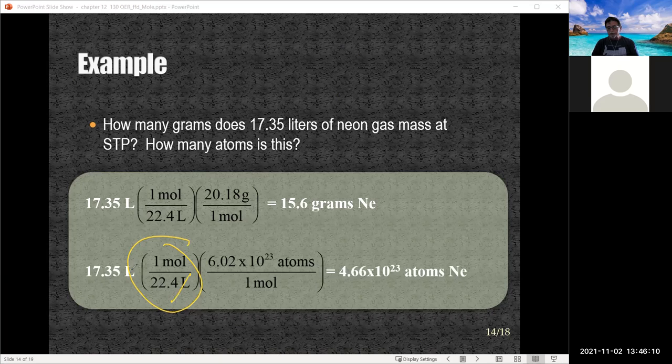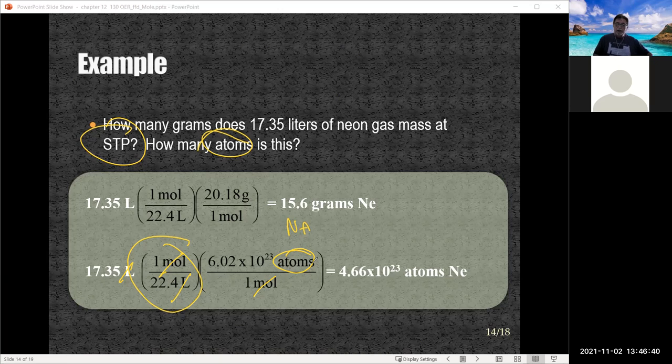The volume needs to be converted to moles, and since we are at STP, I can use that relationship. Once I'm in moles, I use Avogadro's number with 6.02 times 10 to the 23rd on top. My moles cancel, leaving me with the units of atoms, which is what I'm searching for. Okay, that could have said bananas for all you know.